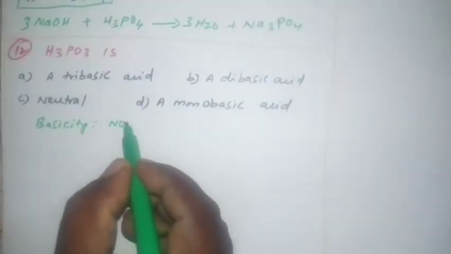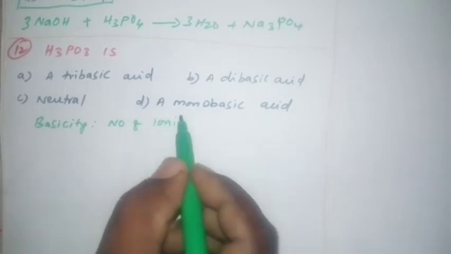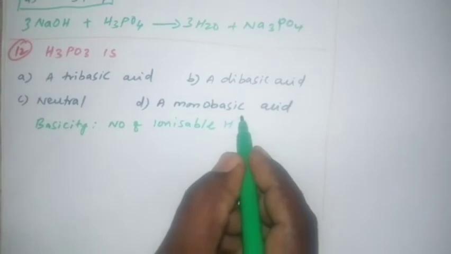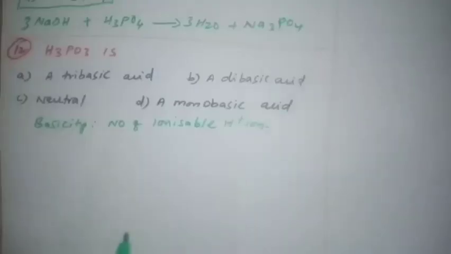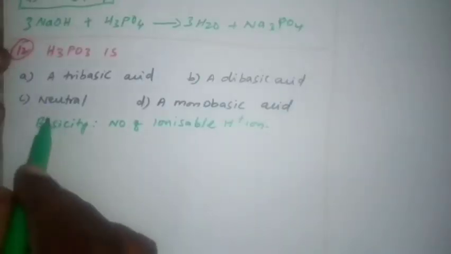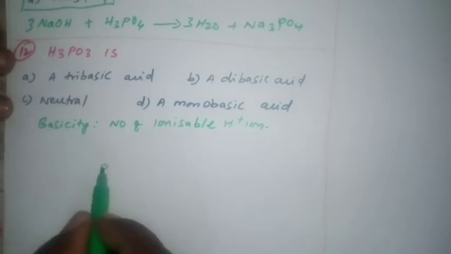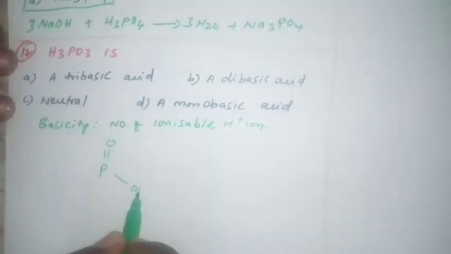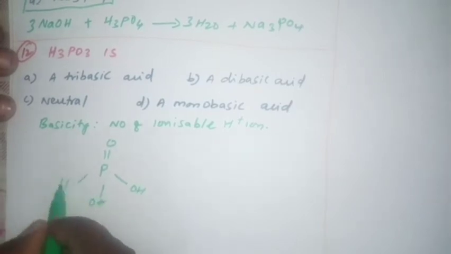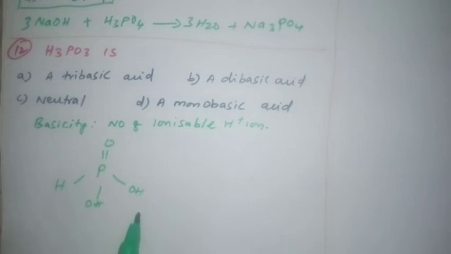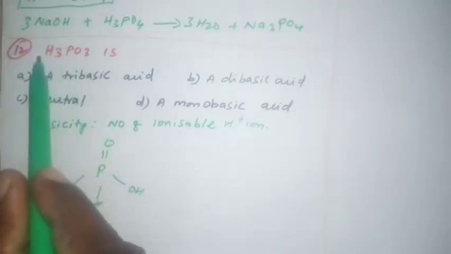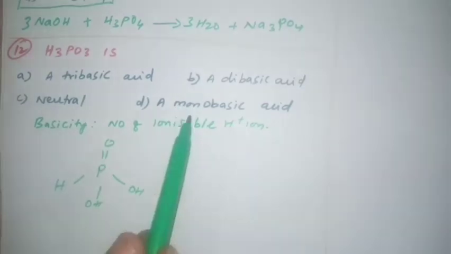Basicity means the number of ionizable H plus ion. The structure of H3PO3 is phosphorus, double bond O, here OH, here OH, here H. I already told you the shortcut: count the number of oxygen atoms, then subtract 1, and you will get the answer.